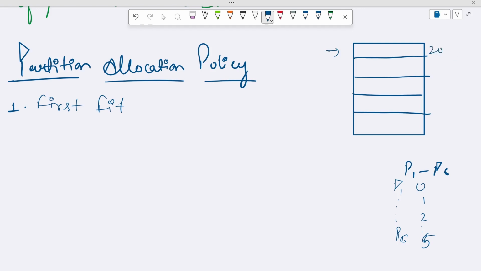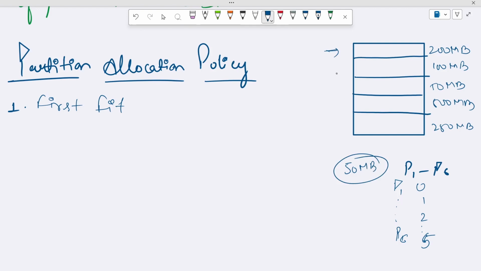For example, let's say the blocks are 200 MB, 100 MB, 50 MB, 500 MB, 250 MB. If P1 needs only 50 MB, it doesn't matter. If P1 comes first, P1 is allocated to the first block.